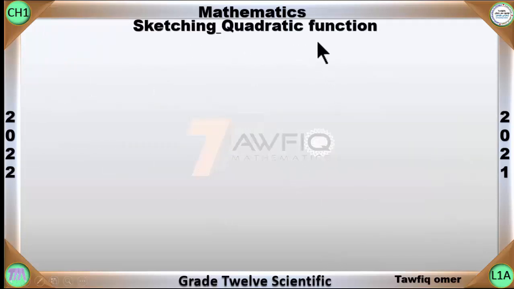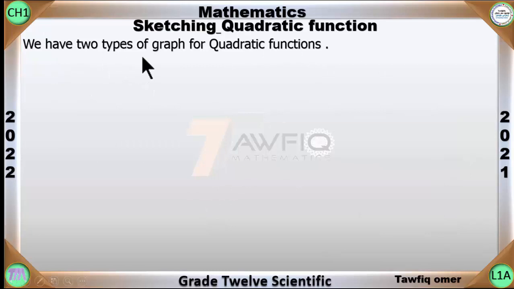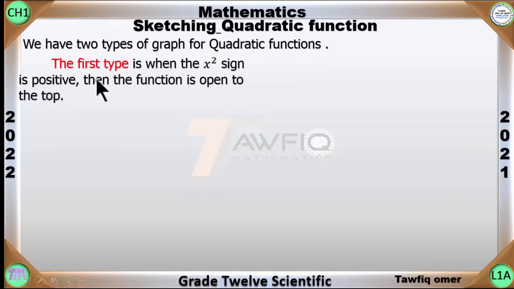Sketching quadratic functions. We have two types of graph for quadratic functions. The first type is when the x squared sign is positive, then the function opens to the top. The equation f(x) equal ax squared plus bx plus c is the equation of the quadratic function.